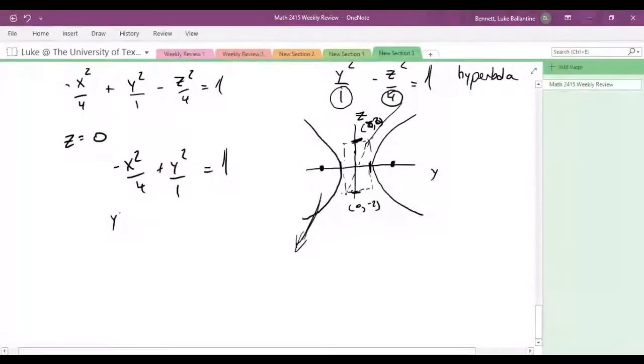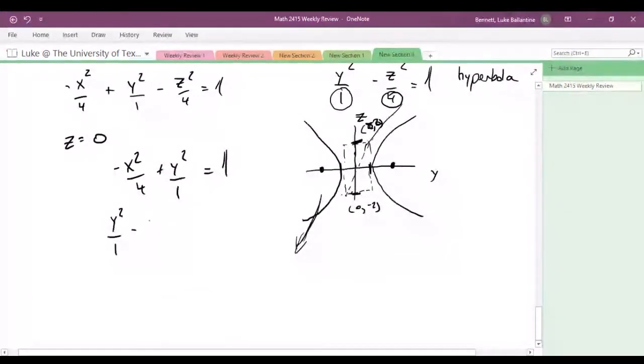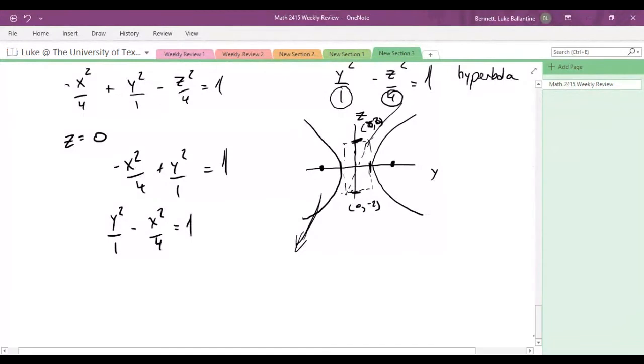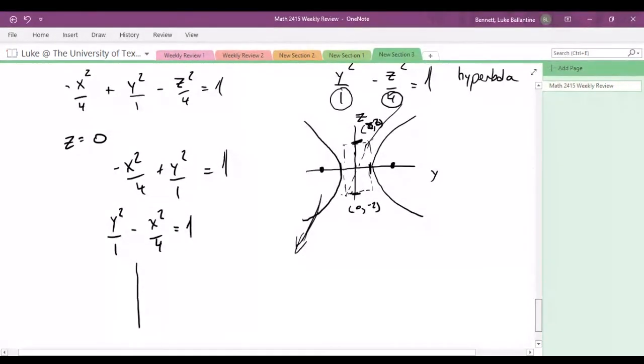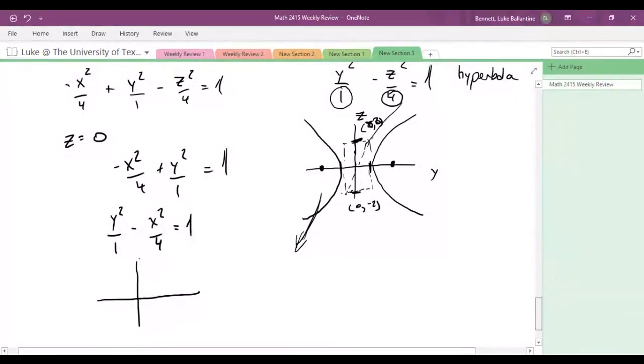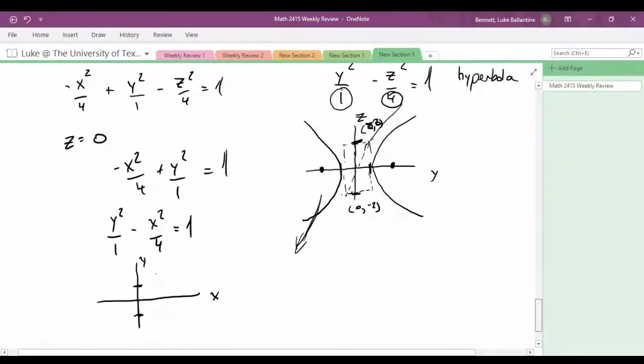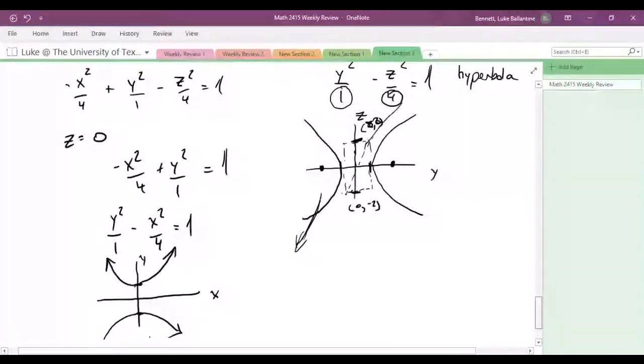It's still a hyperbola, but it engulfs the y. It's the same picture, really, but just flipped. We have 1, 1. Okay.